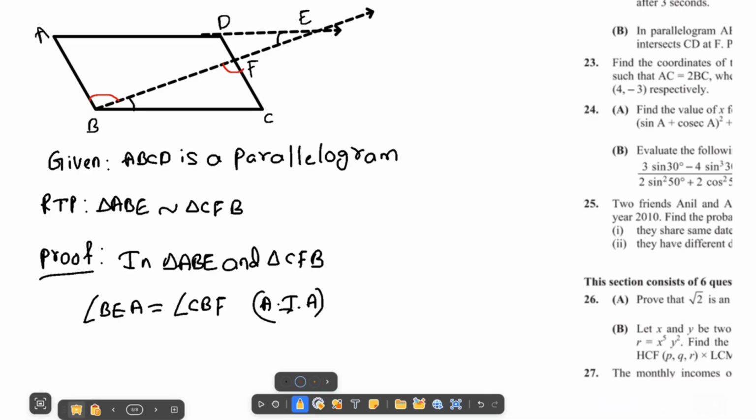So here, this is the AB line and this is the DC line, and this is the BF line. So these two lines are parallel, AB parallel to DC, and BF is a transversal.